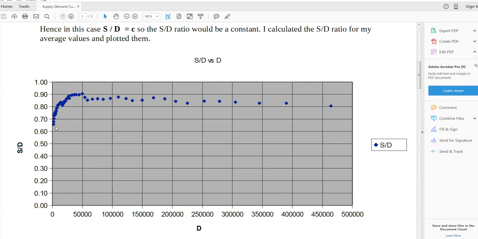A, the very beginning, the very low demand, it clearly is changing quite rapidly. So the supply-demand ratio is much lower than the expected value at very low demand, but it rises quite rapidly to get up to the sort of normal ratio quite quickly.